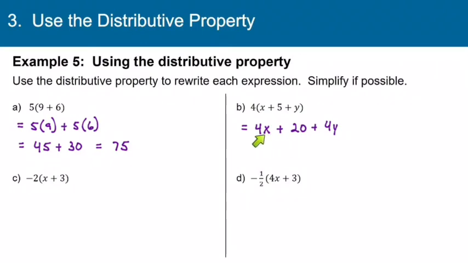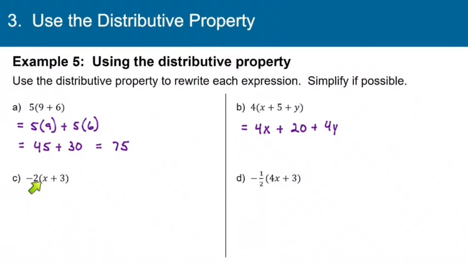And now notice that we have 4x plus 20 plus 4y, and there's no way for us to combine these any further because we don't know what x is, therefore we don't know what 4 times x is, and we don't know what y is, therefore we don't know what 4 times y is, and therefore how can we add these numbers together when we don't know what they are? So we just have to leave this sum like this.